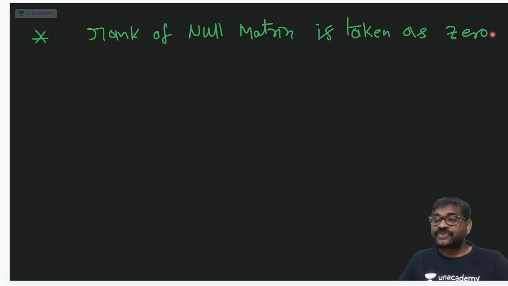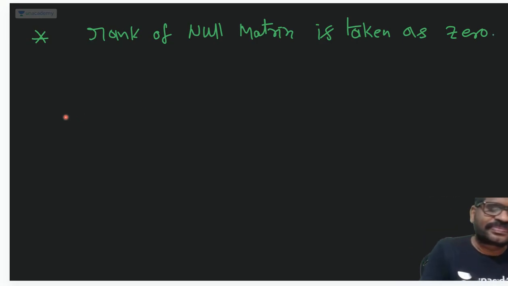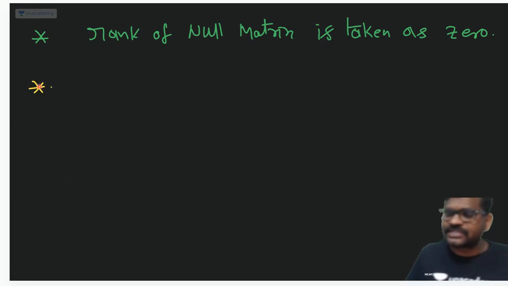The rank of a null matrix is considered as 0. If the matrix is a null matrix, the rank is treated as 0.